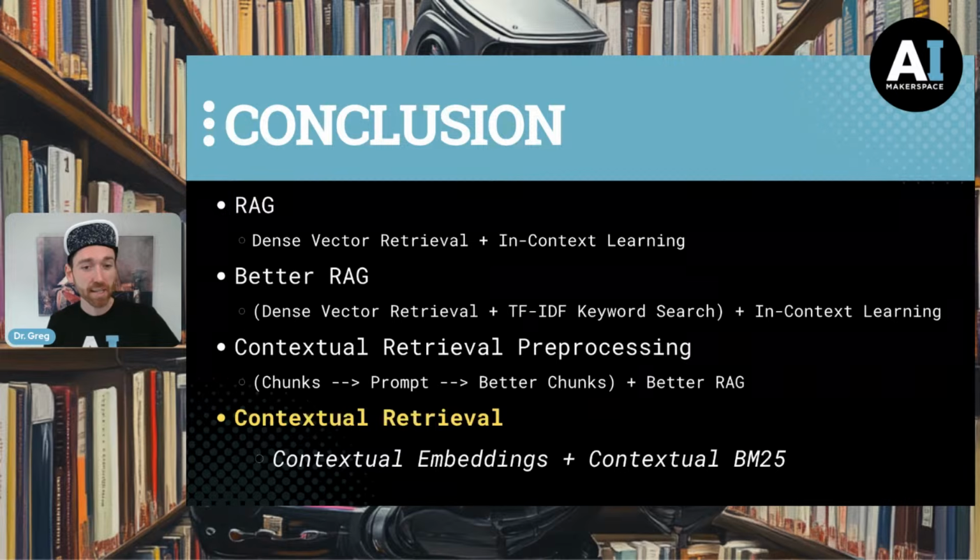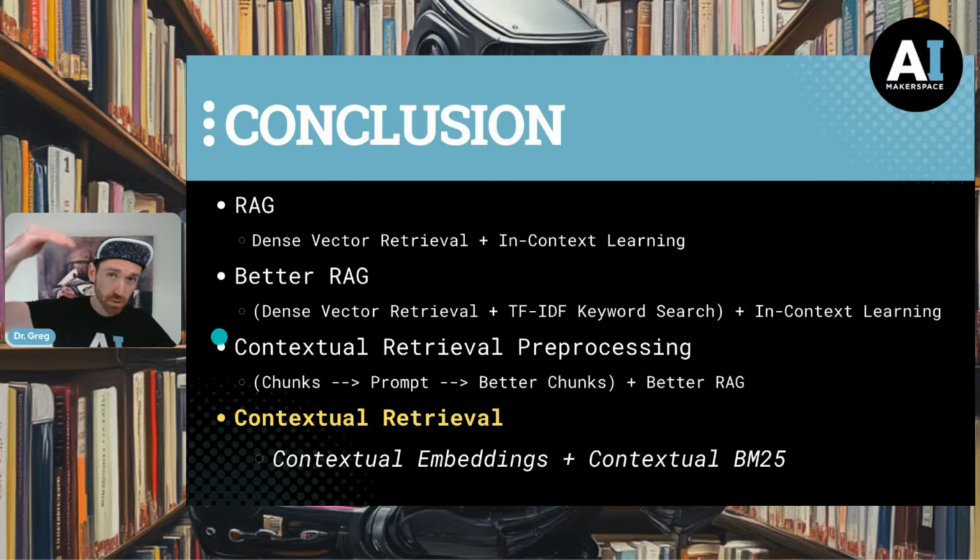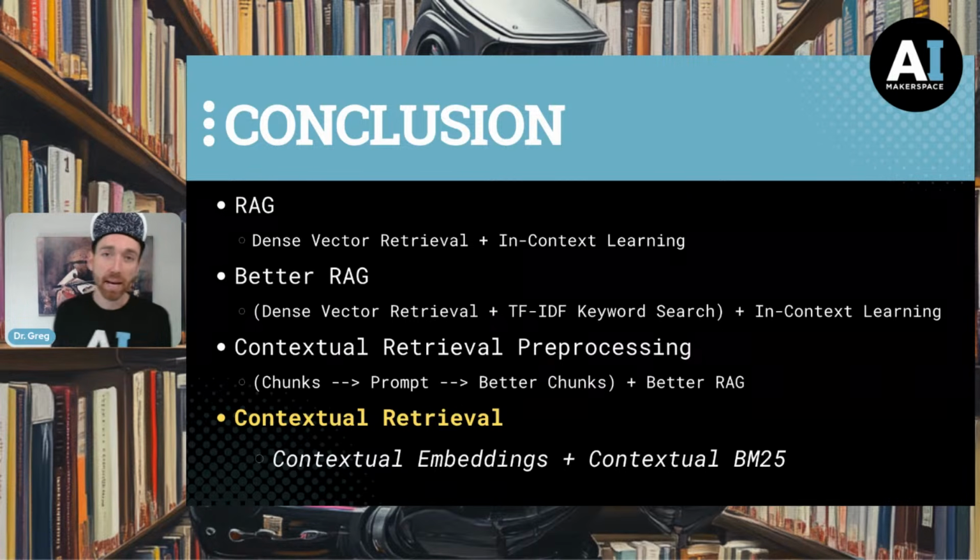A little metadata action. The better chunks are then added to this better RAG approach. So we're stacking. And in the end, what we have is what they've called contextual retrieval, which is simply contextual embeddings plus contextual BM25. And that is all done, again, prior to the generation.